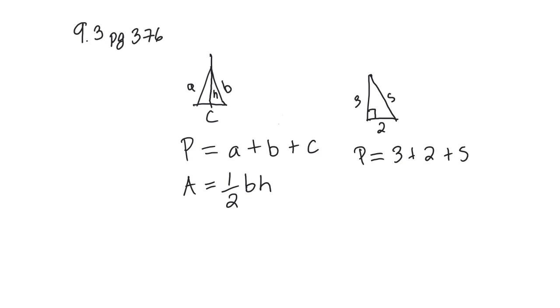Now, if I want to find the area, the space inside of that triangle, I'm going to take 1/2, multiply that by the base. The base is going to be the bottom. So for this one, that's 2. And the height is going to be how tall it is. So for a right triangle like this, the height is just that side, which is 3.